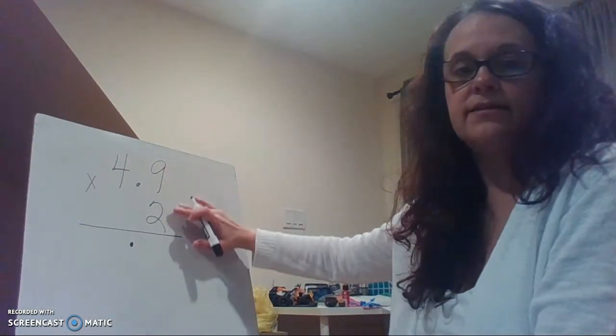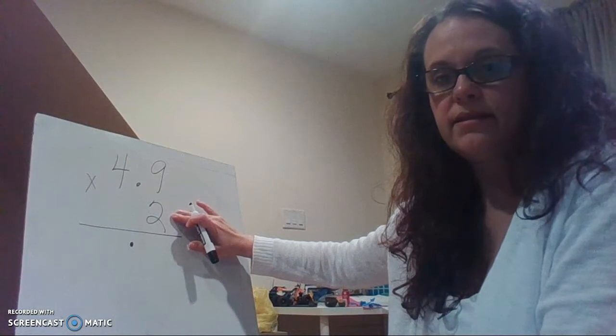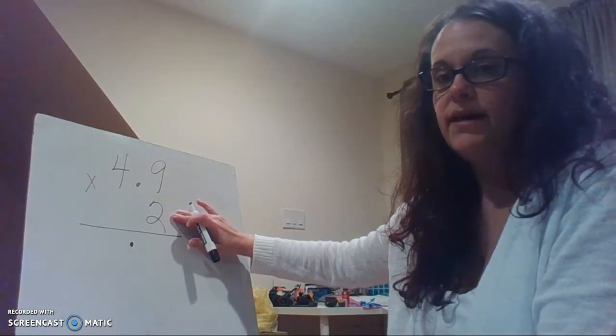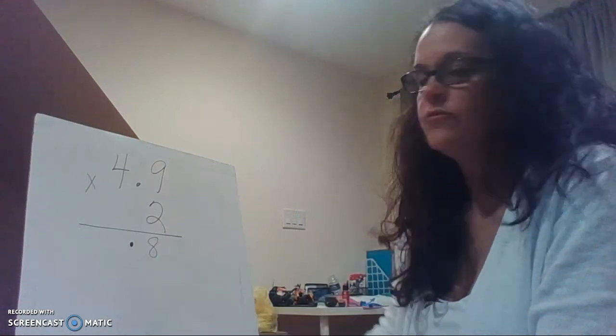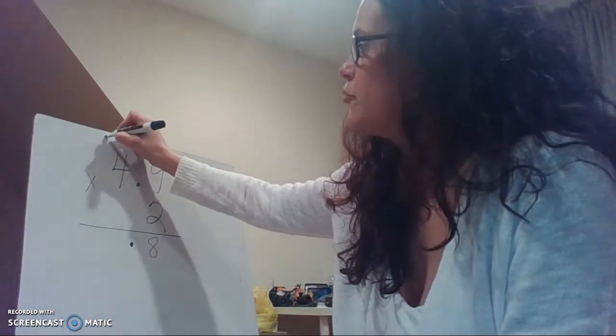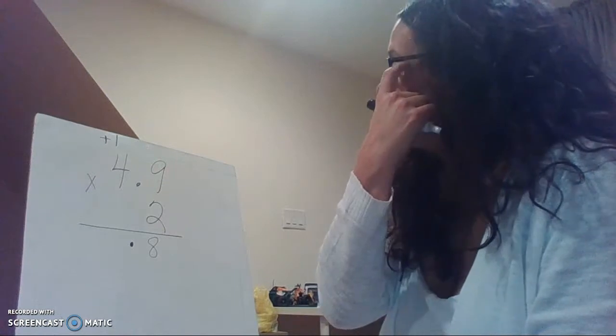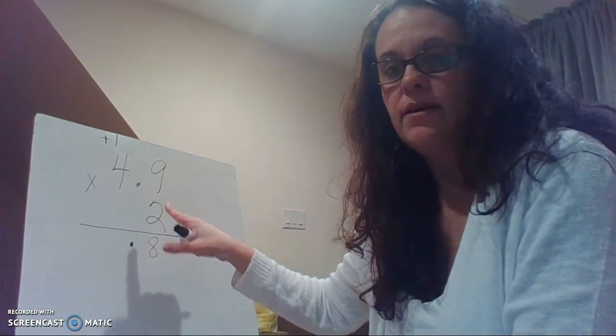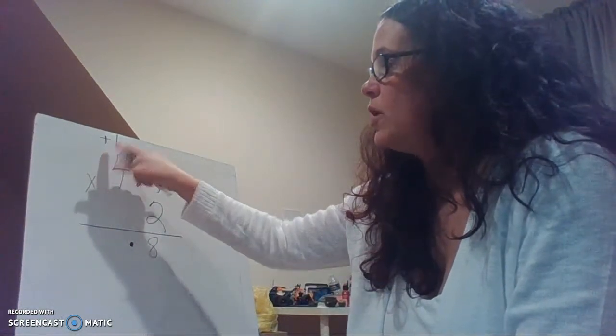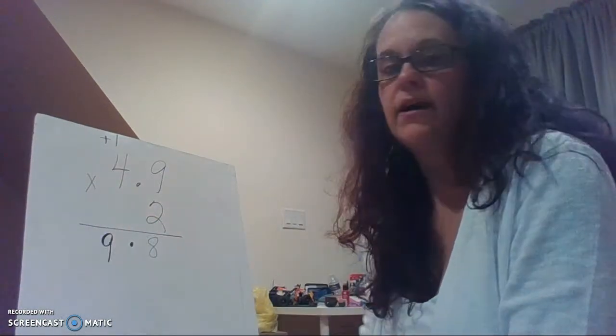So 9/10 times 2 is 18/10, or 1 8/10. So the 8/10 remains in its column, and I regroup the 1 whole to the ones column. I continue on. 4 times 2 is 8, plus the regrouped 1 is 9, for a total of 9 8/10.